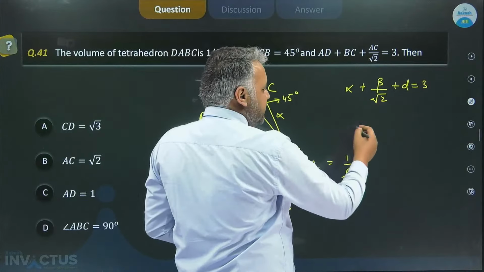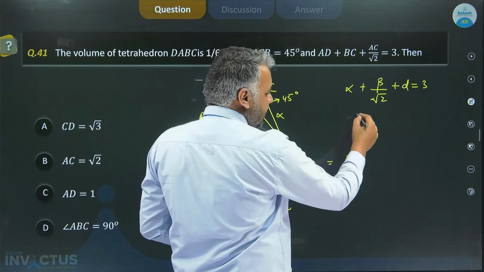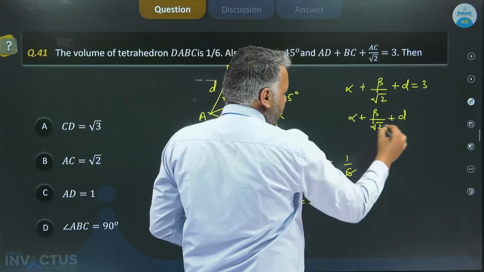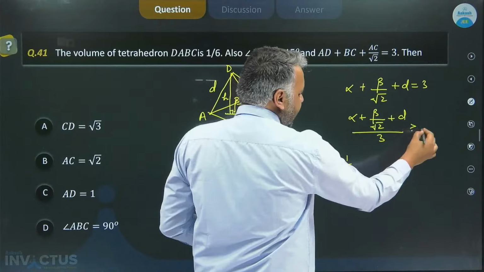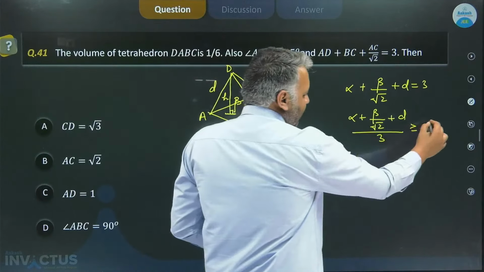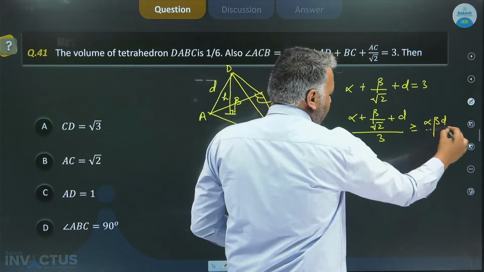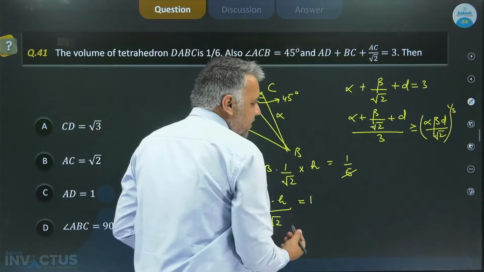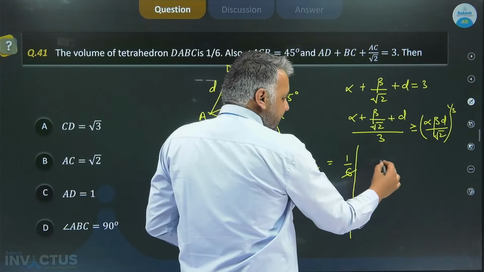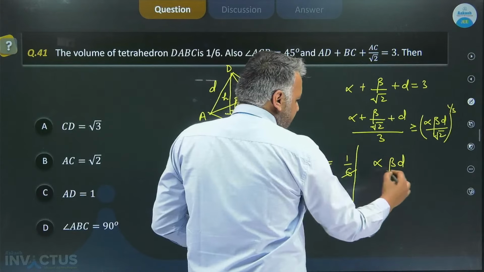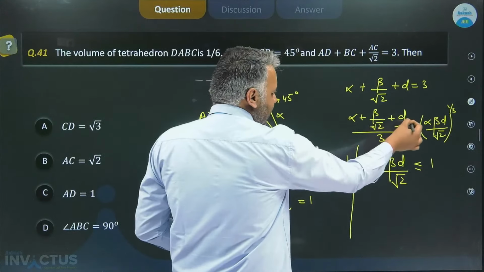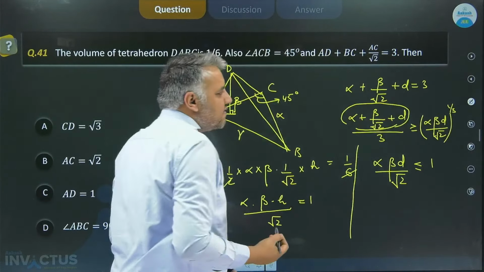So if we apply AM-GM here, we'll get that alpha plus beta divided by √2 plus D, divided by 3, will be greater than or equal to alpha beta D divided by √2, whole power 1/3. From here we can calculate that alpha beta D upon √2 is smaller than or equal to 1, because this value is given as 3.